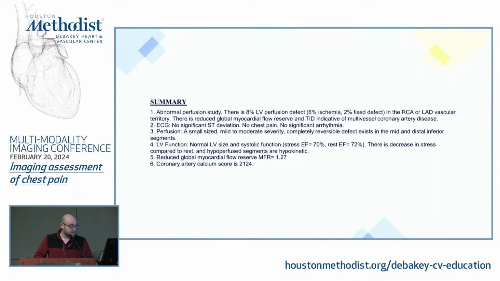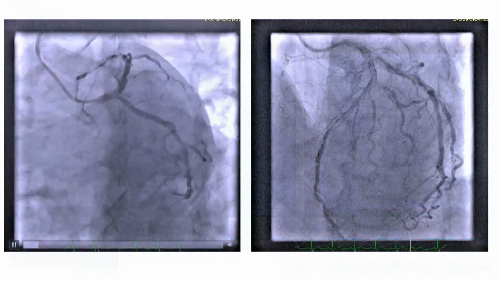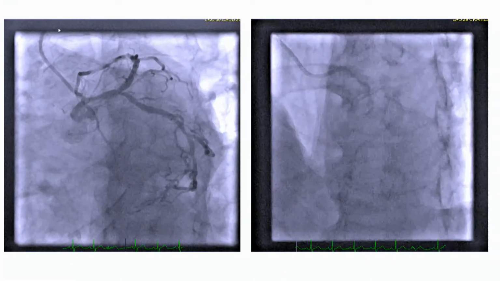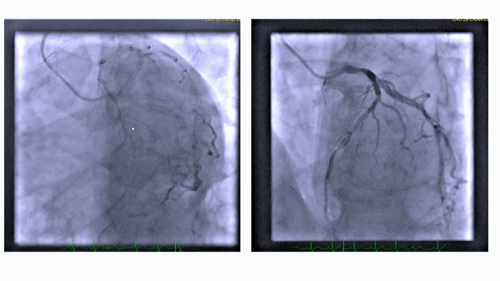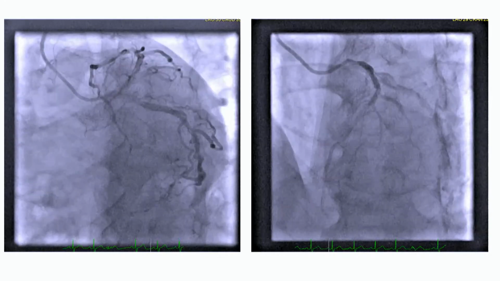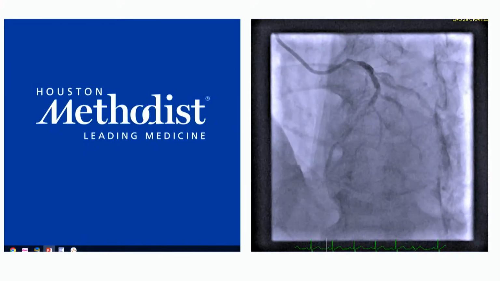So this is the report, the reading. We discussed all of it. And based on that, the patient went to a cath. And here's the moment of truth. Let's display it. My intervention friends.